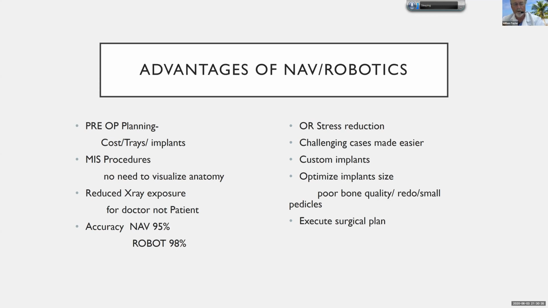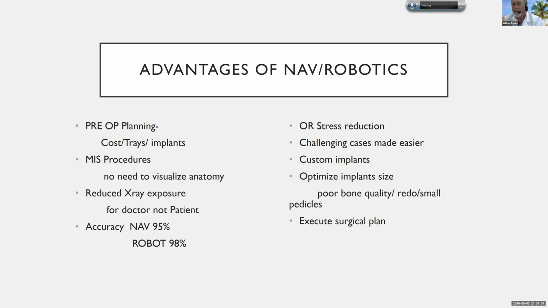Reduced X-ray exposure and probably some significant increased accuracy, although accuracy should be graded, just as Rob said, by revision cases and whether you have neurologic injury. And the fact is, there's not a lot of difference in neurologic injury between navigation, robotics, and freehand. And also, as Igor talked about specifically, stress reduction, being tired: the robot does not get under stress.